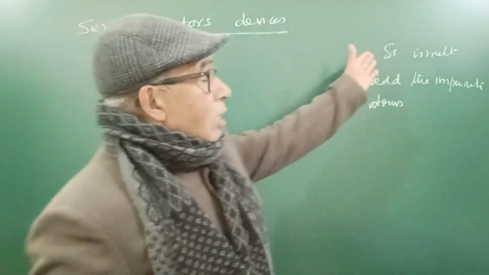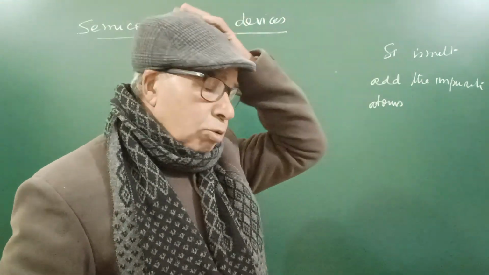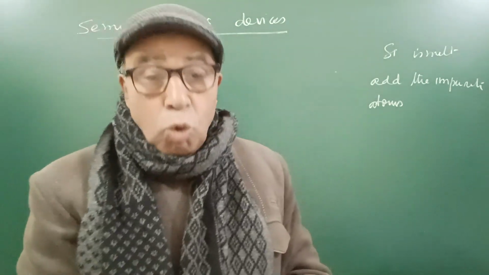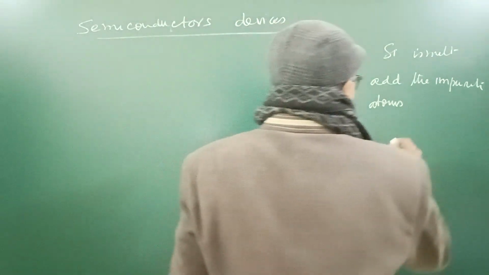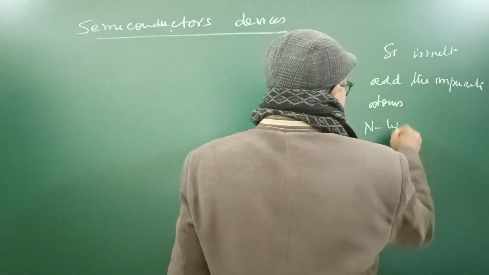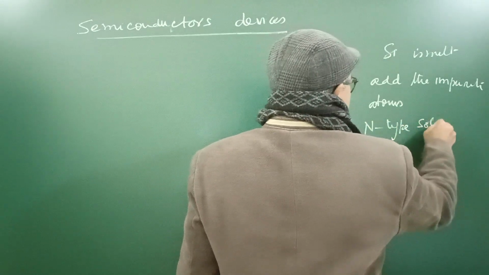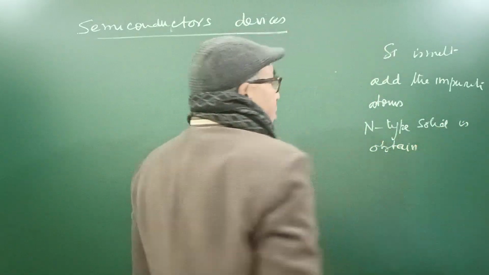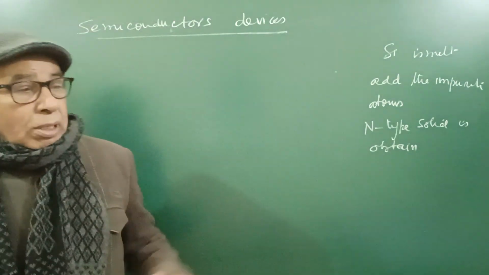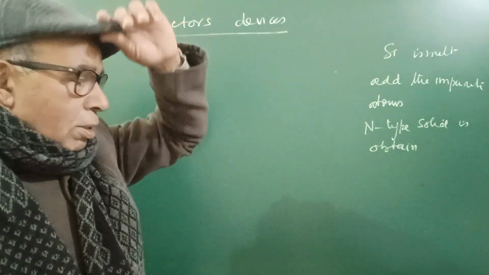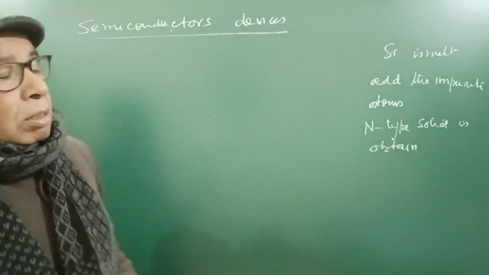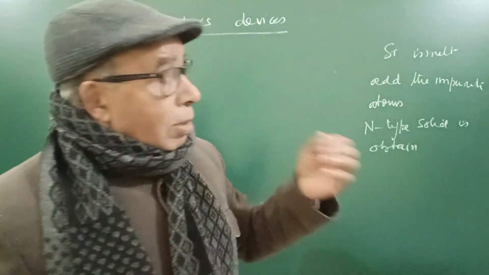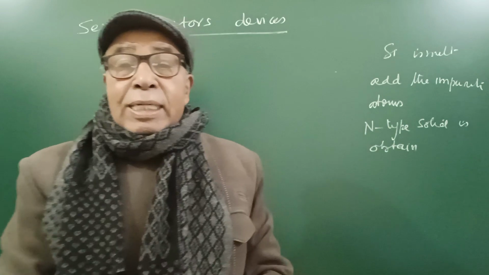Now the silicon and impurity get mixed together uniformly, and this melt is cooled, and suppose N-type solid is obtained. Suppose you have doped silicon with an element like phosphorus or arsenic, so you get N-type solid.